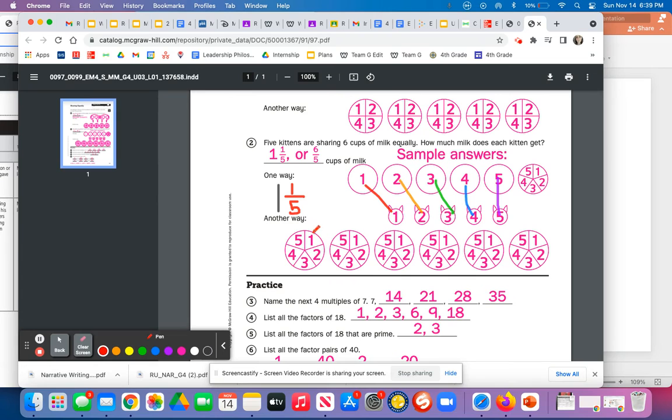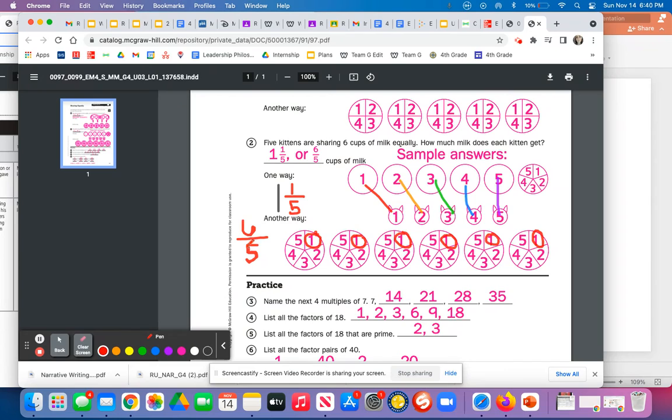Okay, and then you count up how much each one gets. So, for example, kitten 1 gets 1, 2, 3, 4, 5, 6 parts, and each whole is broken into 5 parts.